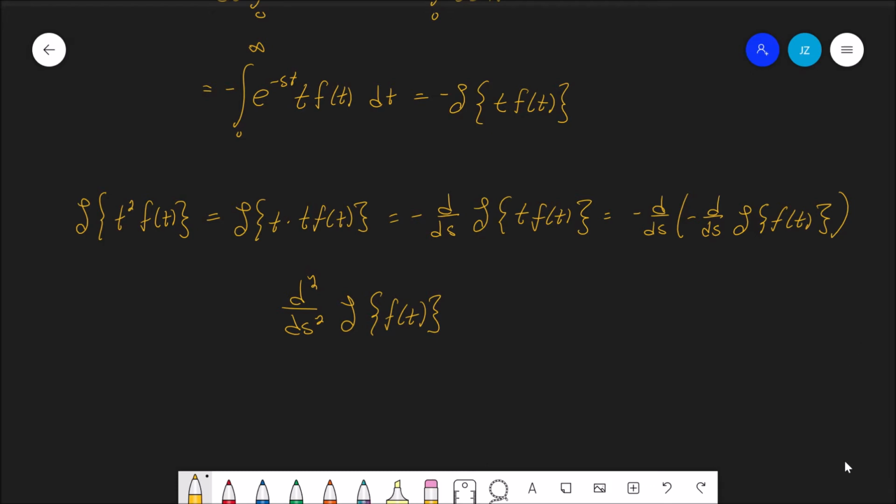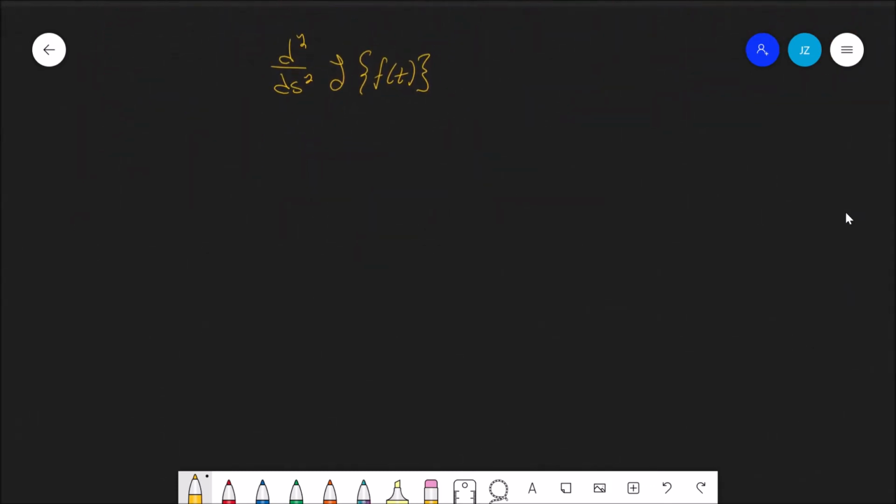If we continue in this manner, we get the following theorem.